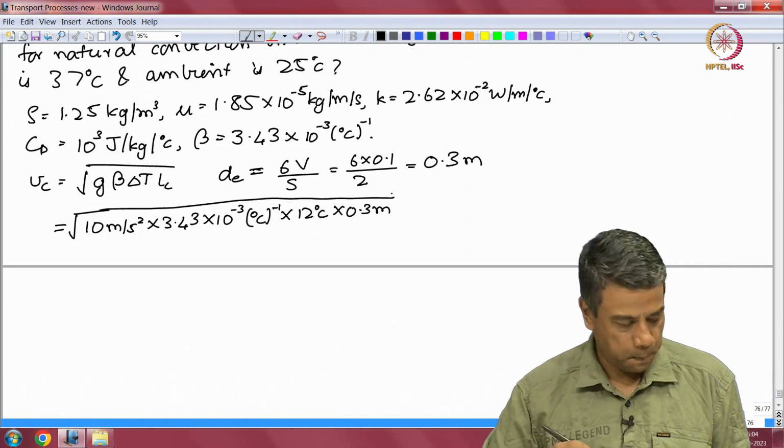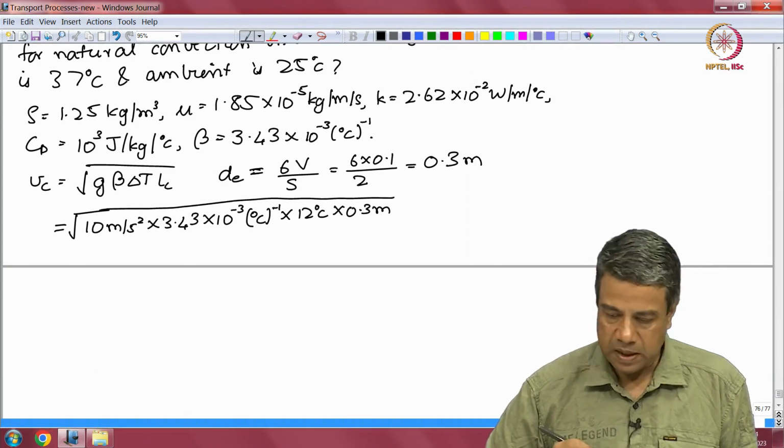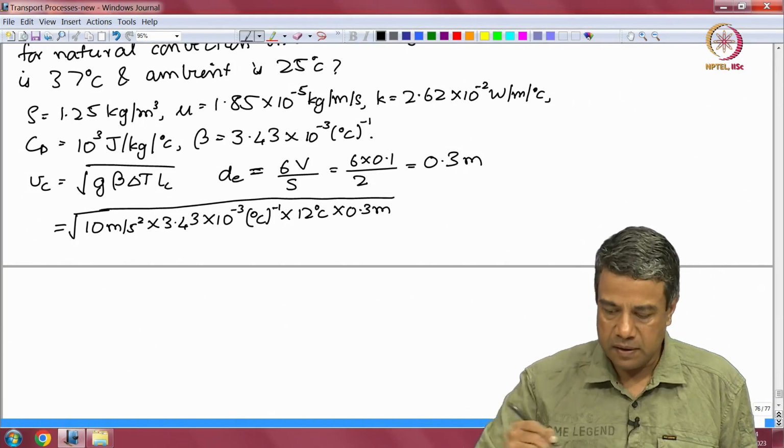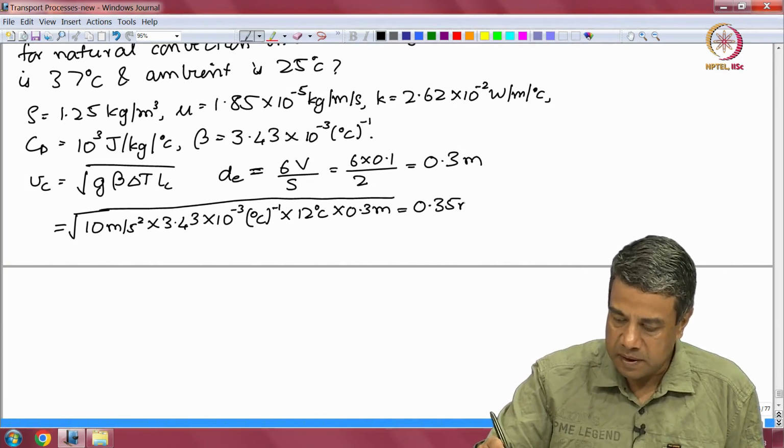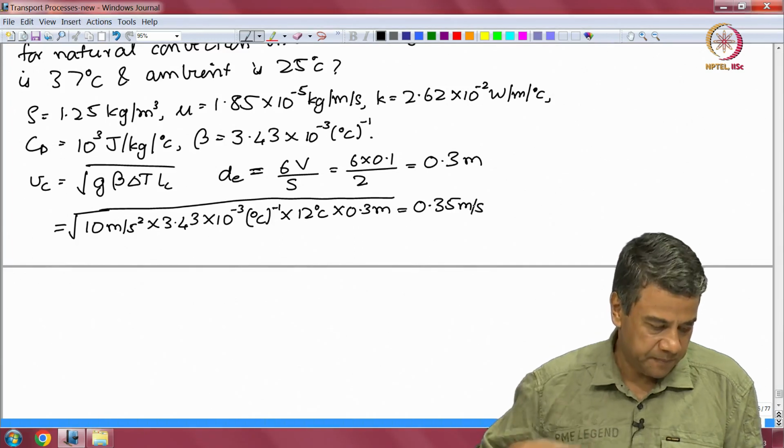And you can calculate this, it turns out to be about 0.35 meters per second.